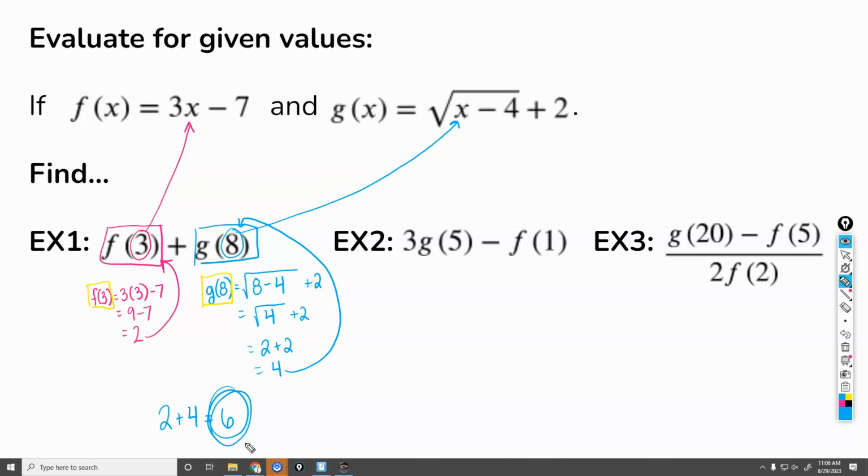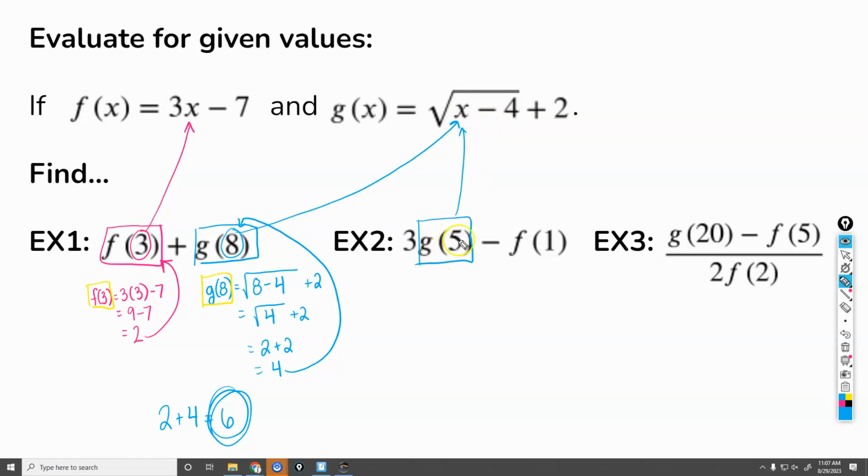Okay, questions there? So if we are doing 3 g of 5 minus f of 1, we've got to find g of 5. That would be plugging 5 into this equation right here.